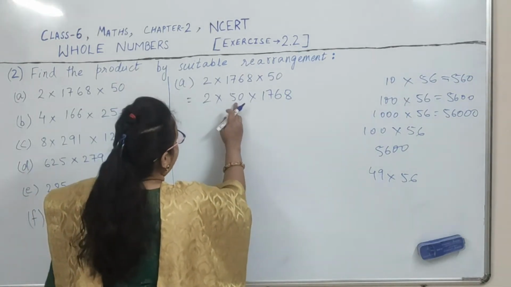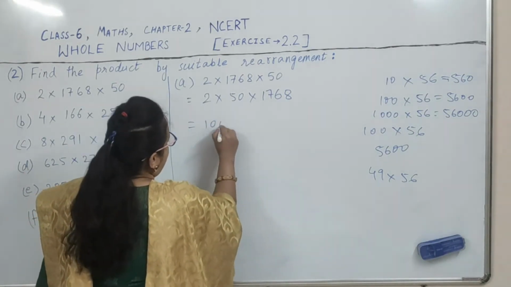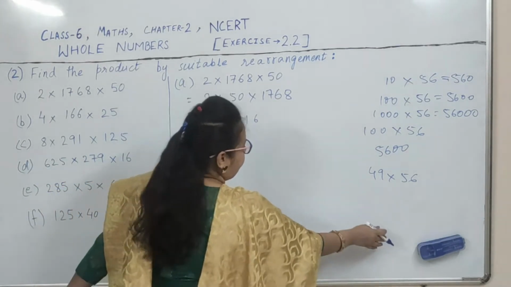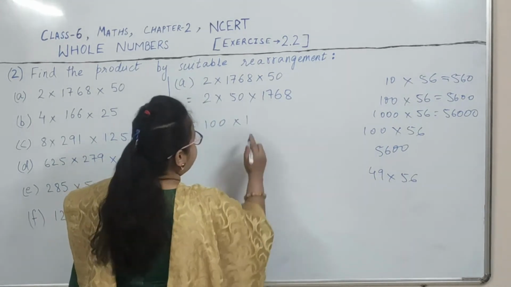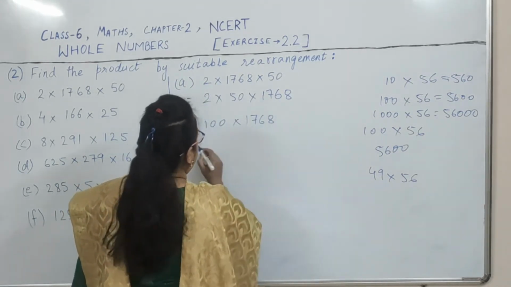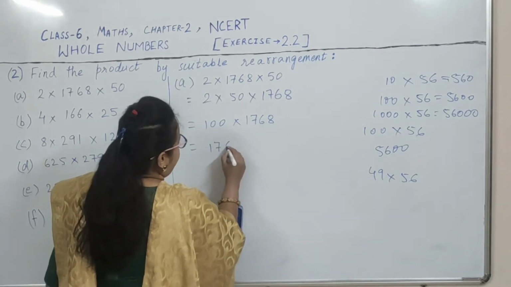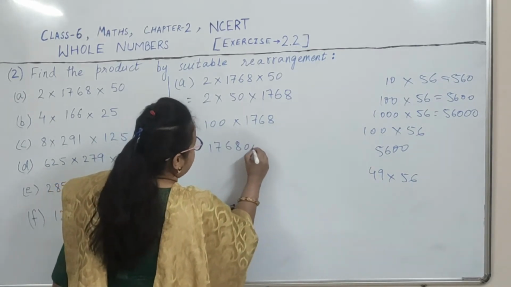When we multiply 50 into 2, we know it is 100. Now 100 into this number, 5768, is 5768 and 00 will come here.